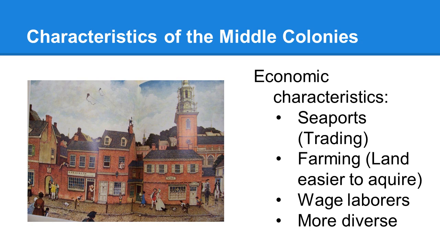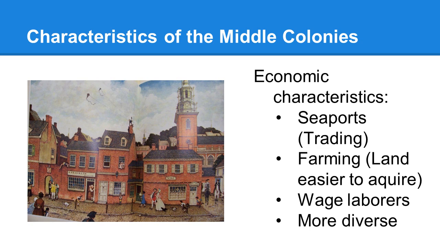So whether you have a little tiny farm with the yeoman farmers in New England, or maybe you're in the South with a subsistence farmer, or maybe you have a giant plantation in the South, or you might just have an average, ordinary, not giant, not too small farm in the middle colonies. Land there was easy to acquire, and you didn't have rich people shoving the poor people, and the guys that used to be indentured servants, shoving them westward.